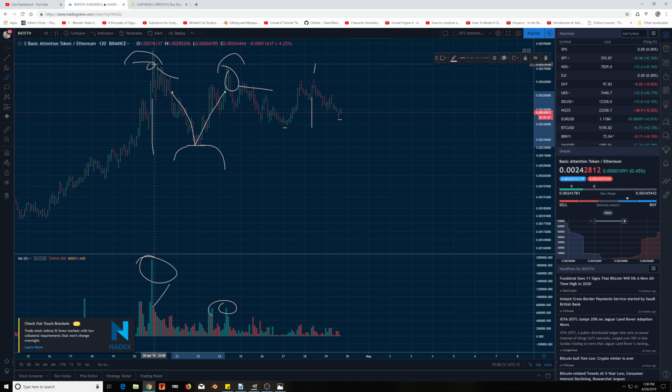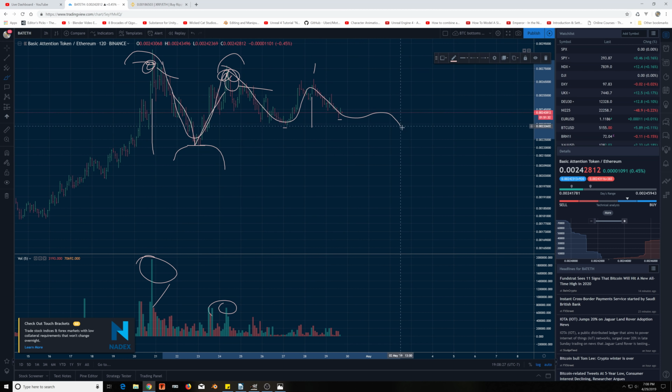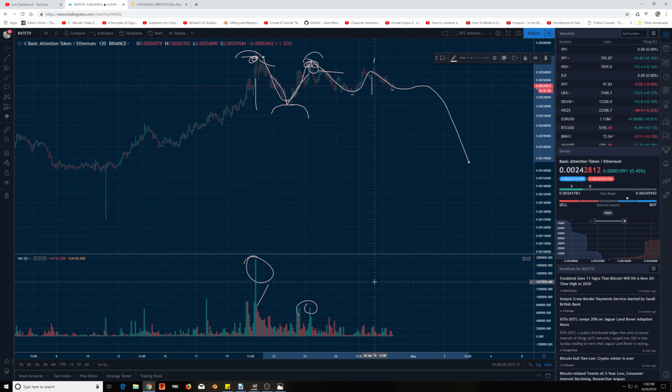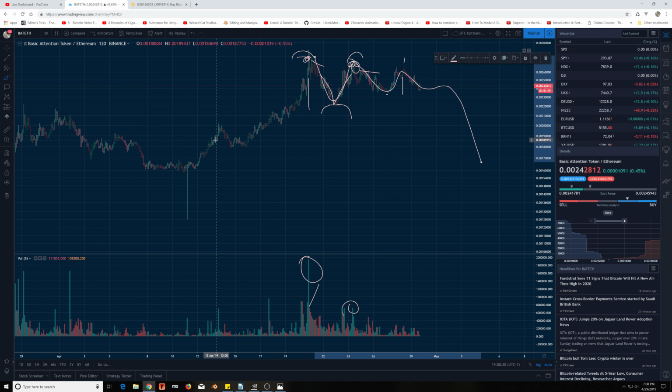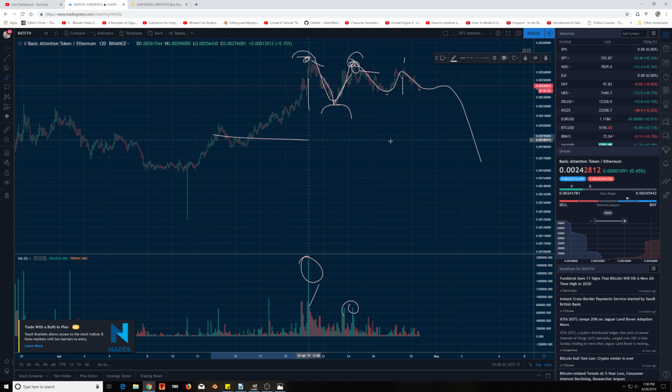So, anyway, we're looking at this here, comparing the volumes, and just looking at that general overall trend, we'll notice that the volatility is getting less, and it's going to dump. That's my opinion. So we'll see what happens.